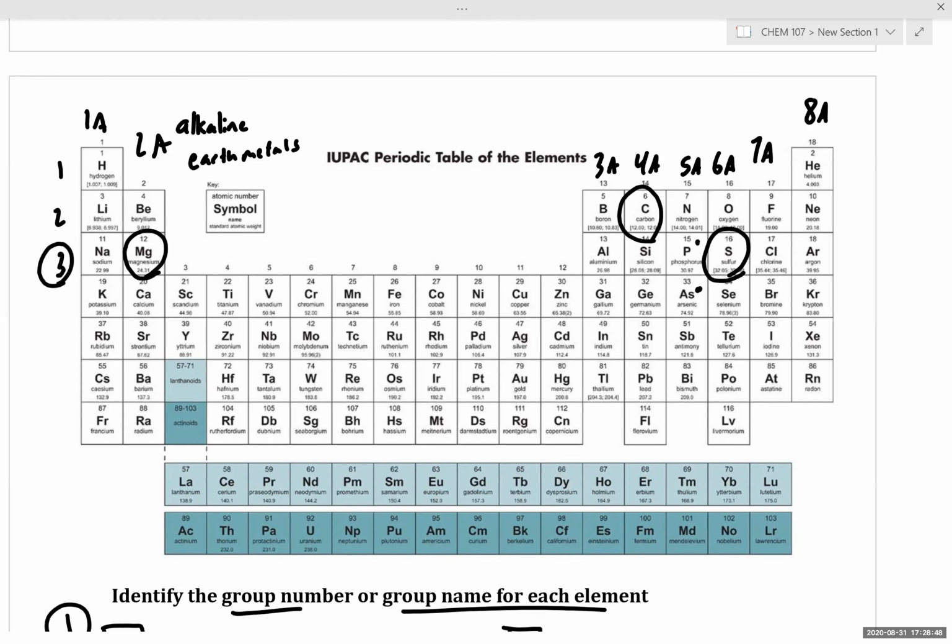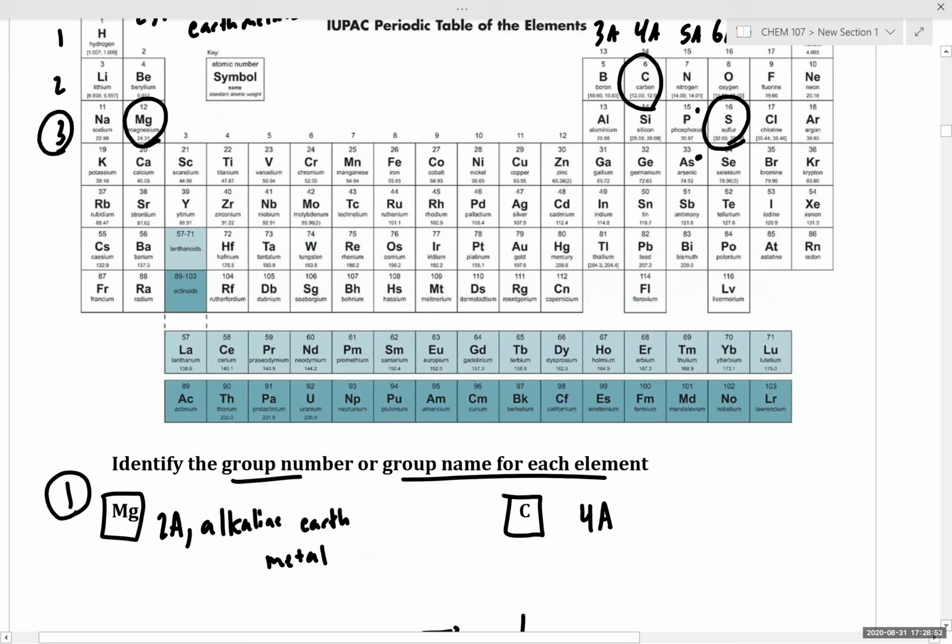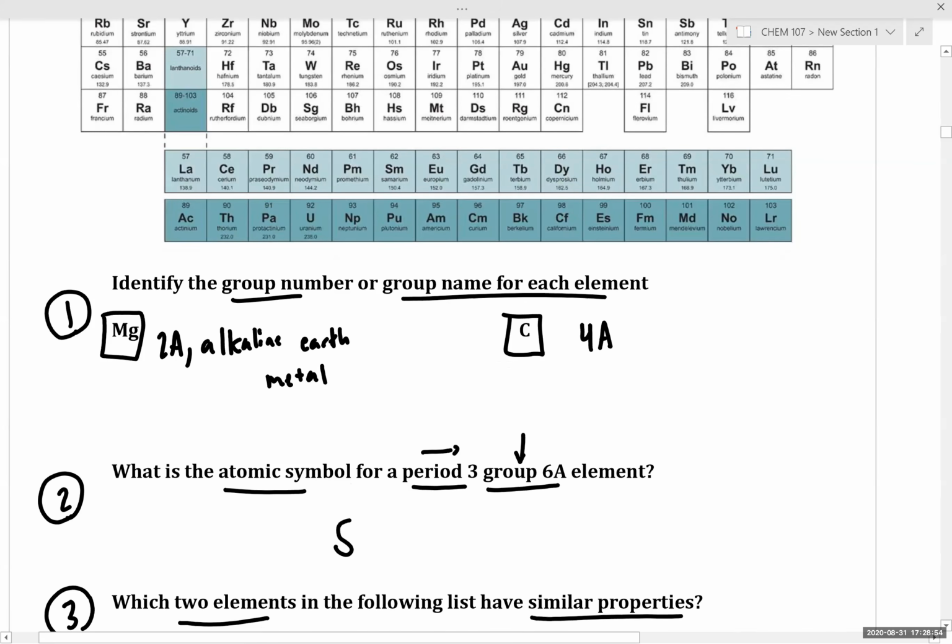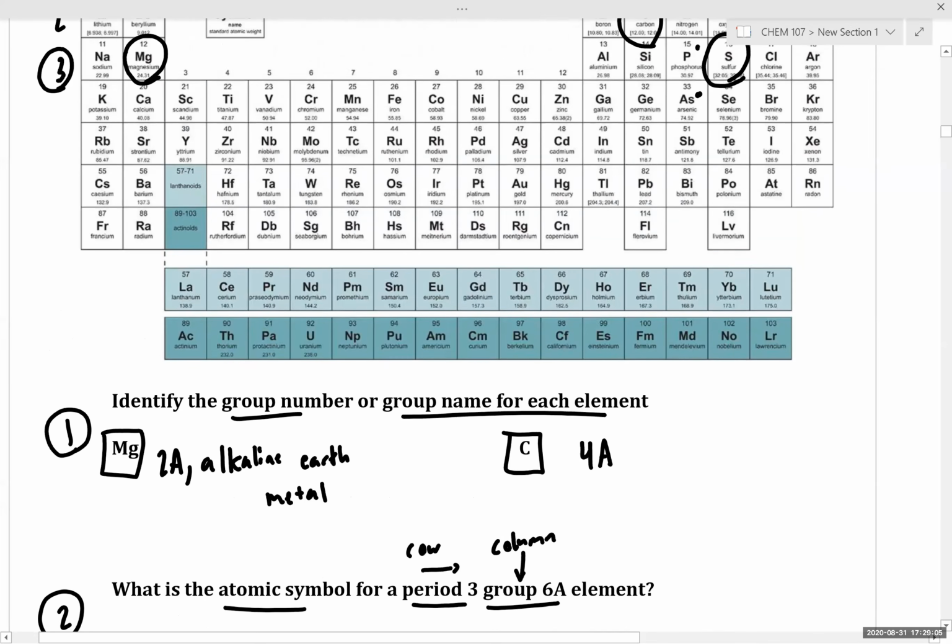Any questions? I have a question on number 2. Can you go over that one really quick again? Sure. So the period number is the row number. The group number is the column number. So we're asked to find a period 3 group 6A element.